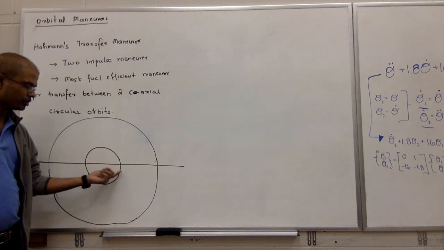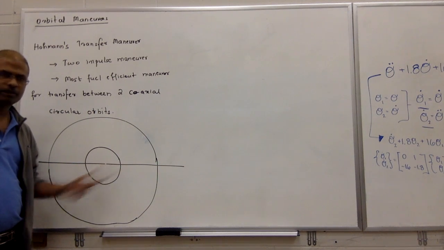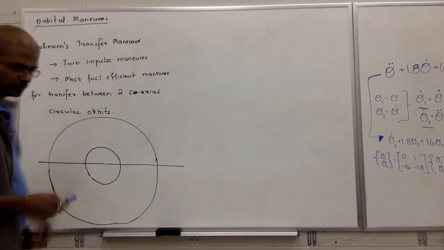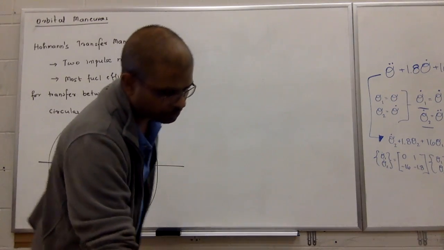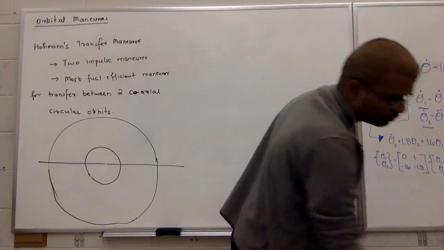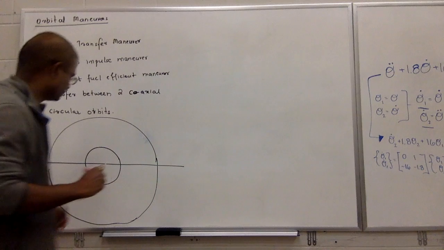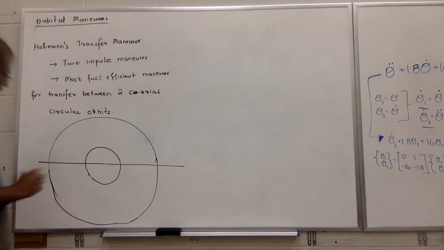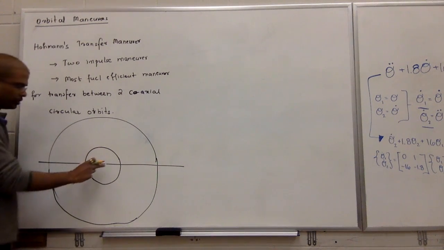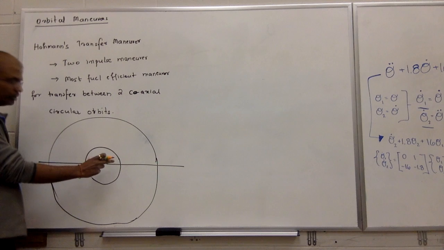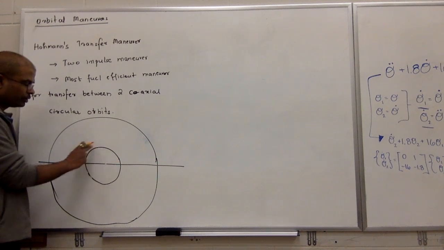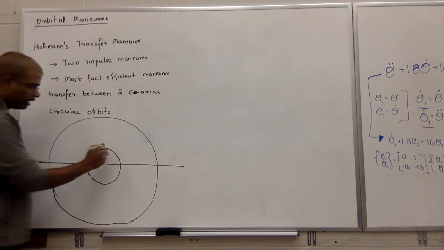So what you're going to do is you're going to go here. Okay. Pay attention here. This is very critical. The launch vehicle is going to take you into this initial orbit.